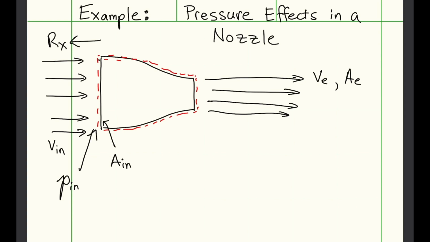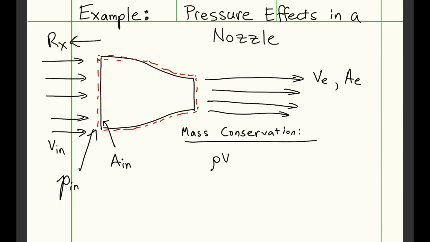Well, first let's go through Bernoulli's equation here. Well, actually, let's start with mass conservation. Mass conservation would say that if the density is a constant, then the volumetric flow rate would also be a constant in here.